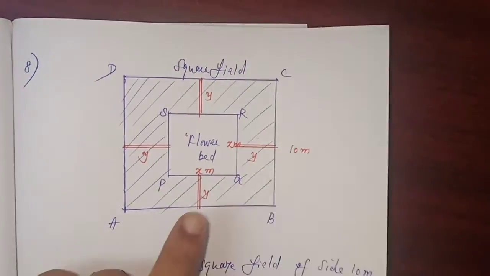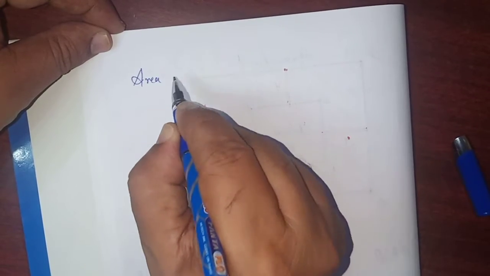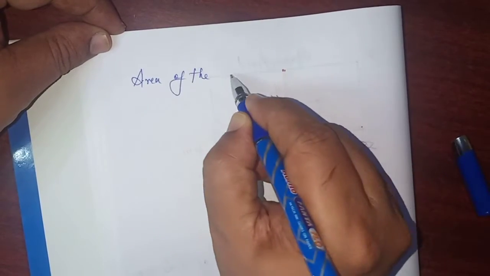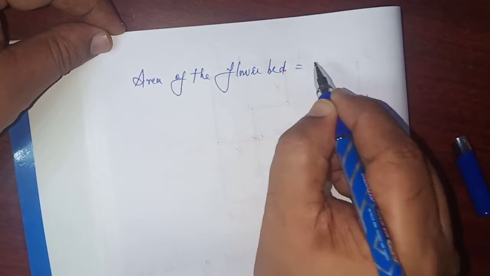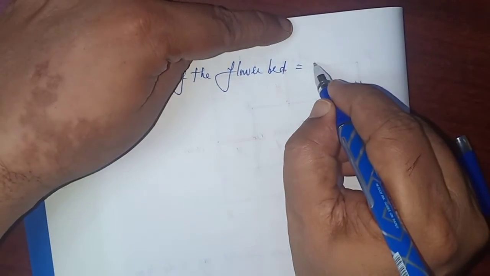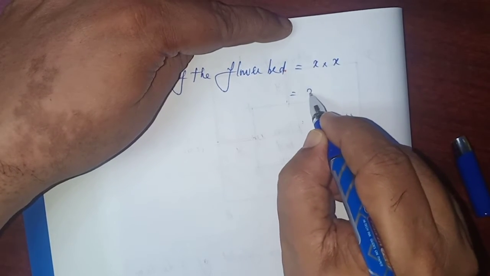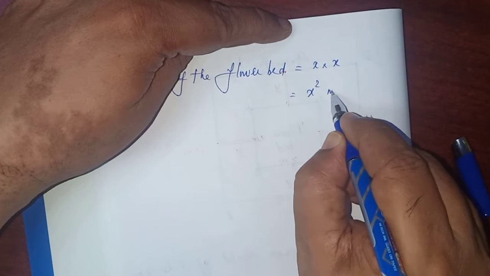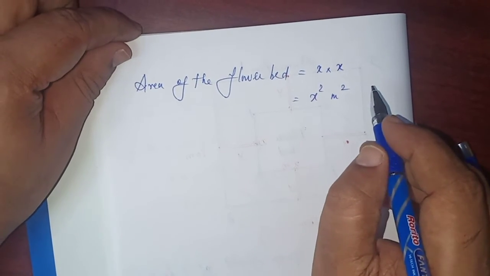I do it now. First, we can find the area of the flower bed. Area of the flower bed equals x into x, side into side, that is x squared square meters. X meter into x meter, x squared square meters.